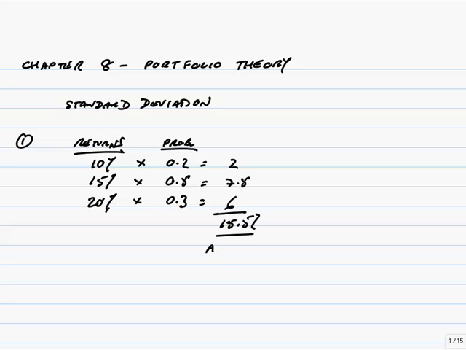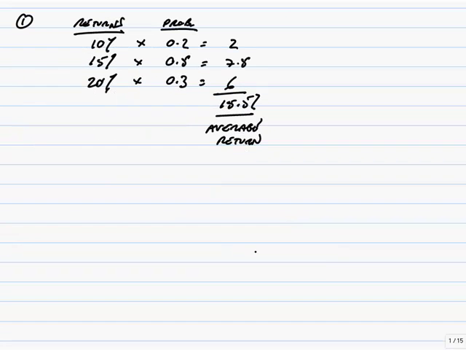So here, the average return is 15.5%. Now again, if we were certain to get 15.5, we'd say there was zero risk. The fact that here we're not, it may be lower, it may be higher. Well, the further away from 15.5 it's likely to be, the greater the risk.